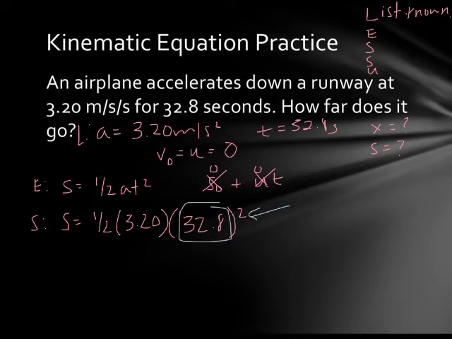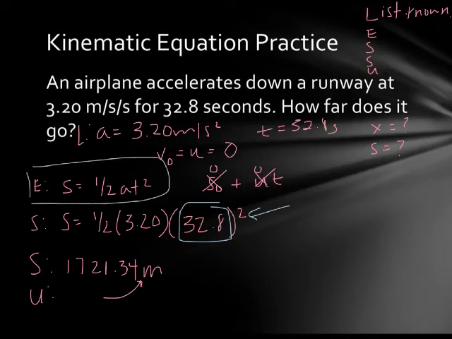When you plug this in, you should get approximately 1721.34. I'm not keeping up with sig figs. That is okay. And since we're solving for a position or a distance, our answer would be in meters. Okay? So that's how you use this version.